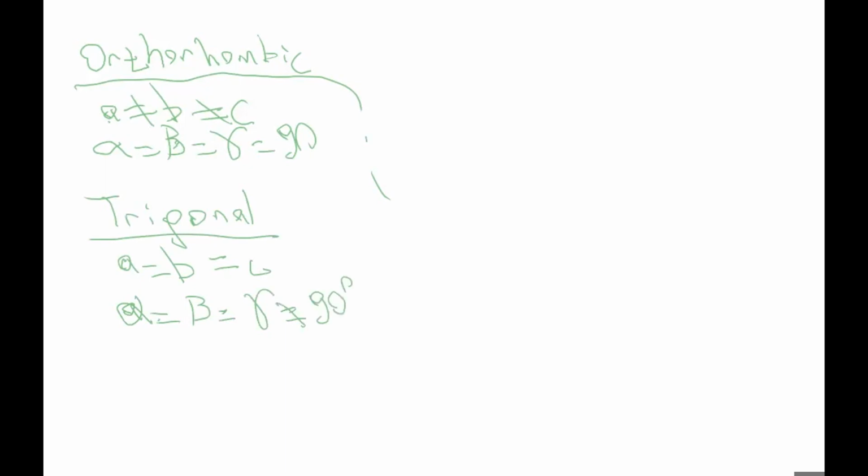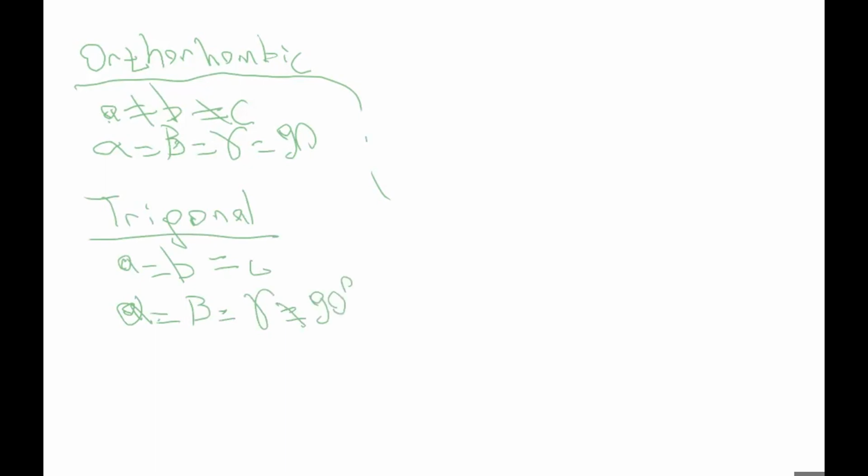We also have trigonal. Again, the lattice constants are the same, but alpha is equal to beta, which is equal to gamma, but they are not equal to 90 degrees.